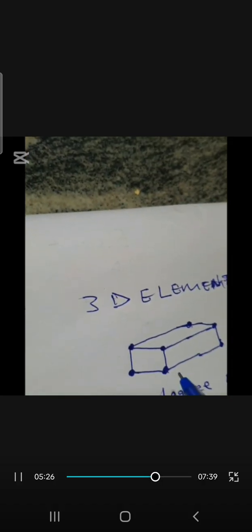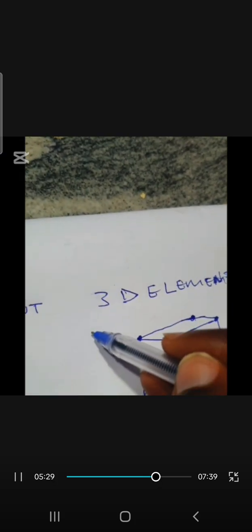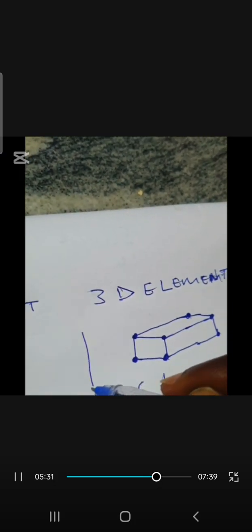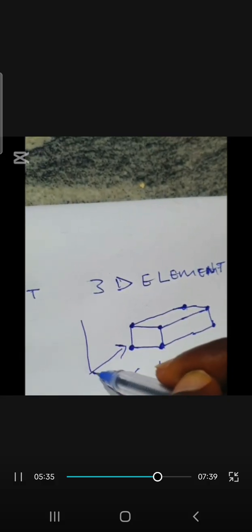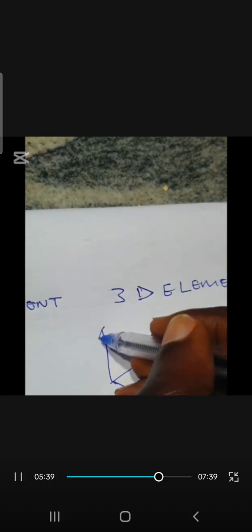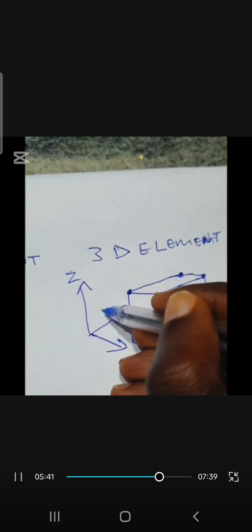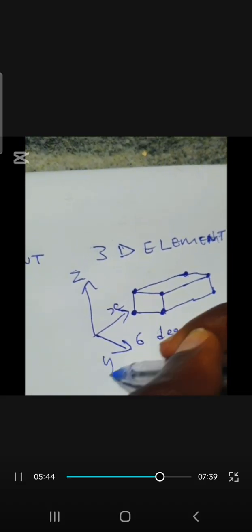But for this one, we are going to have all the coordinates. So z, x, and let's see, this is y. So this is z, this is x, and then this is y.